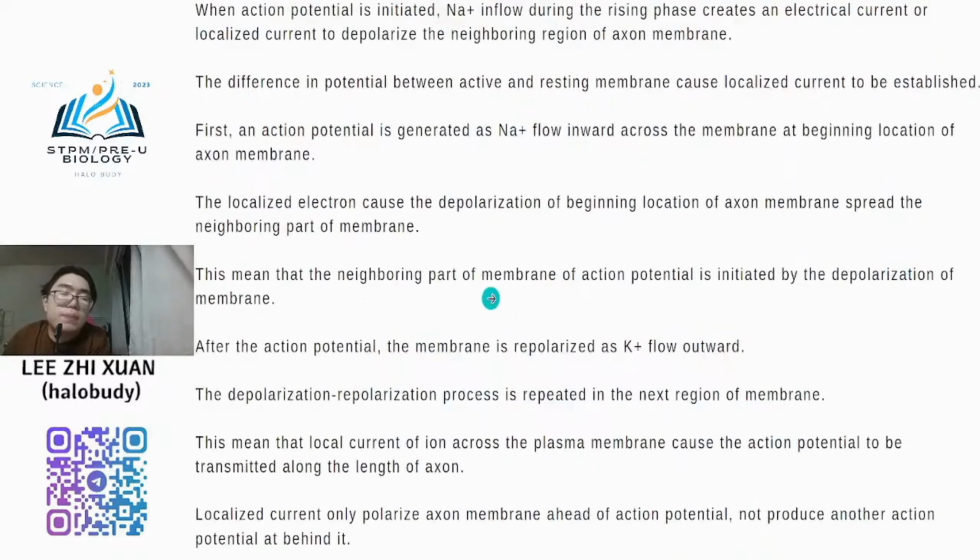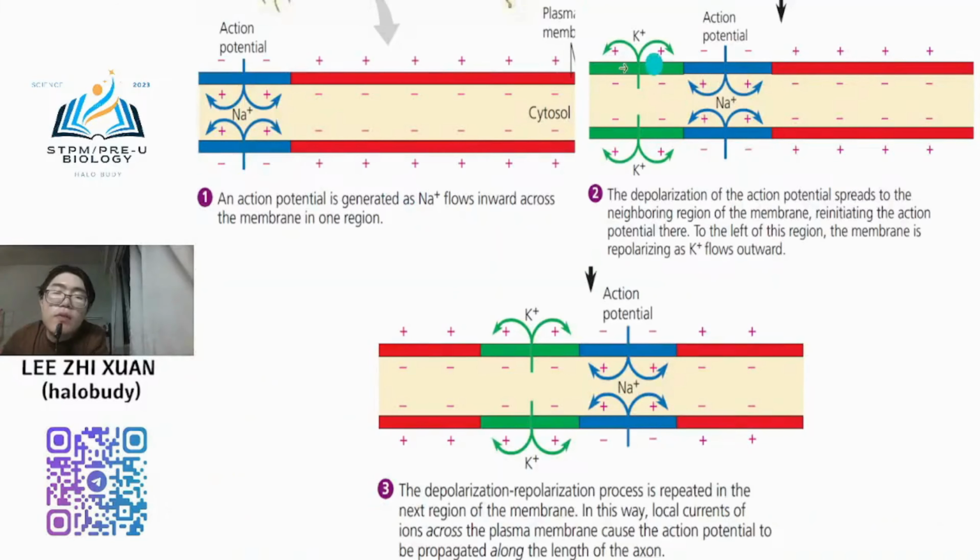So this is the explanation actually. When the action potential is initiated, it will create an electrical current, which we call localized current, to depolarize the neighboring region. When the sodium ion channel opens here, it will trigger the electrical impulse and start to depolarize this region.